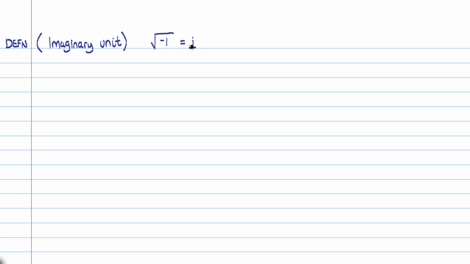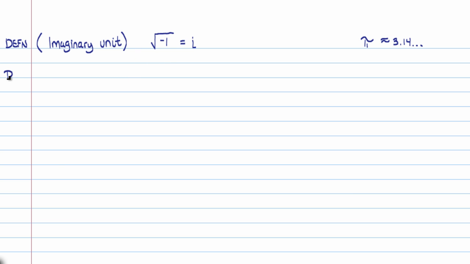So from this point forward, every time you see i, you should think, oh, that's the square root of negative 1. It's just a symbol for it, just like pi is roughly equal to 3.14 dot dot dot. It turns out that i is just our standard notation for the square root of negative 1.